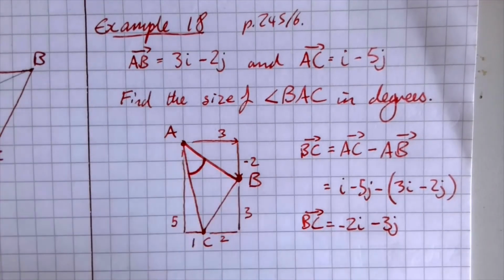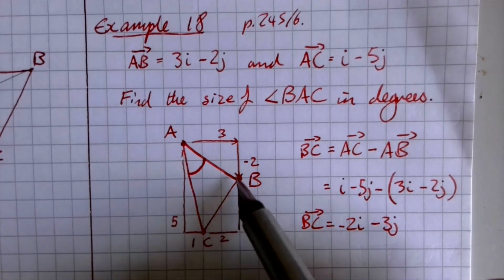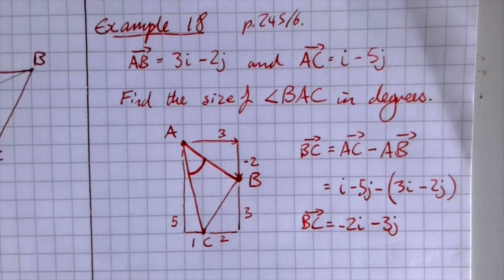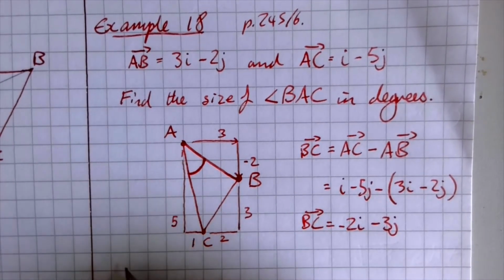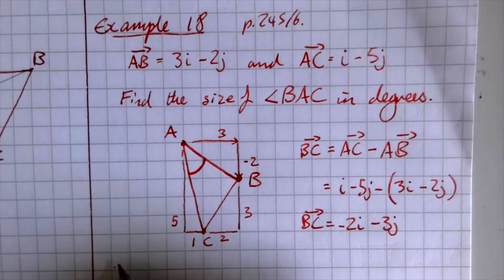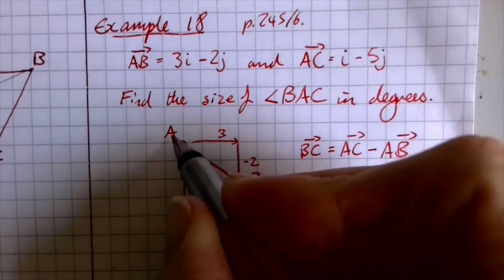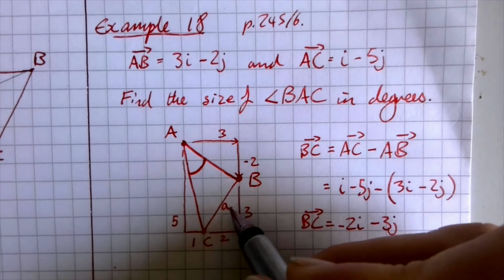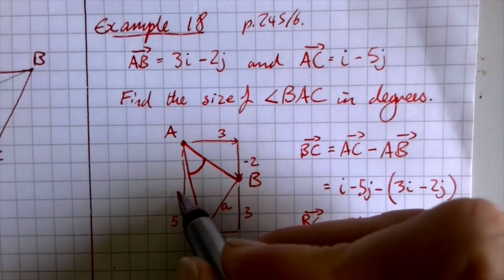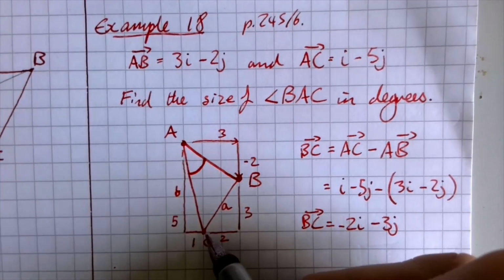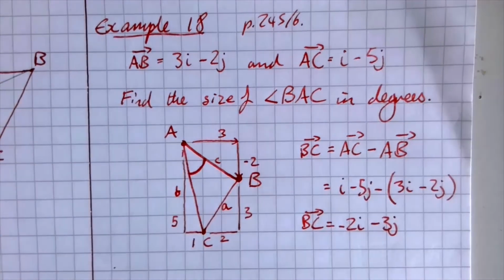Now we've got our triangle here, and I've got all of these distances, which means I can use Pythagoras to find the 3 lengths. And when you know 3 lengths and you want to know the angle, then we're looking at the cosine rule. So AC, in fact I'm going to label these sides now, so that is little a, opposite big B you get little b, and opposite capital C you get little c.